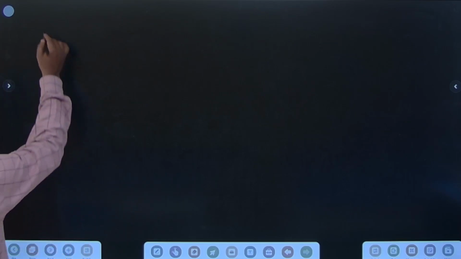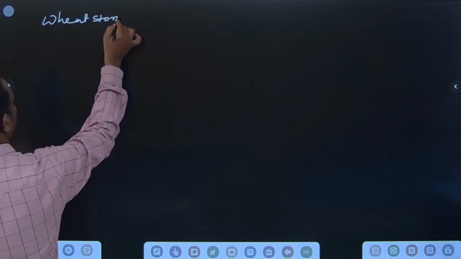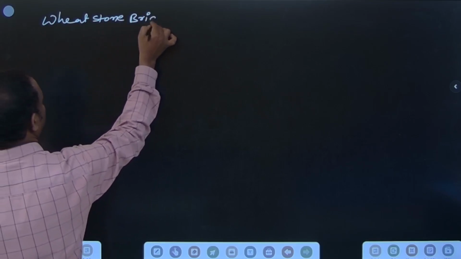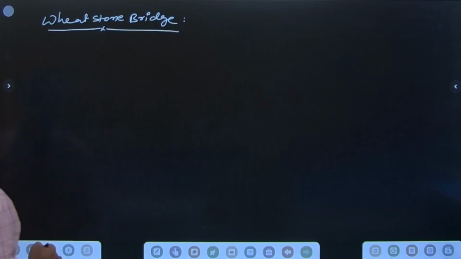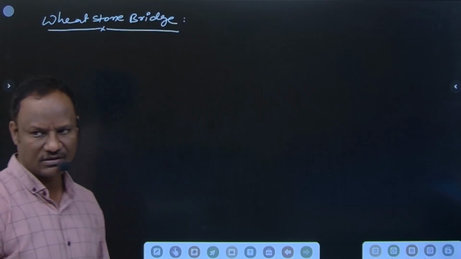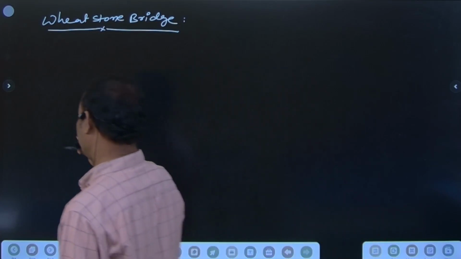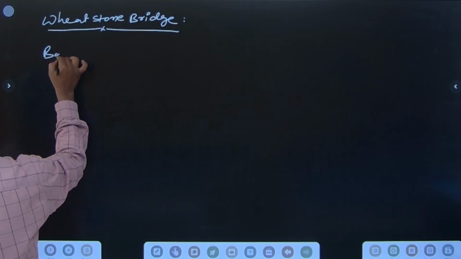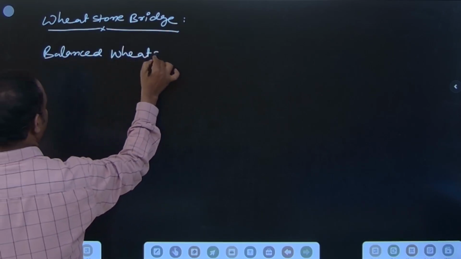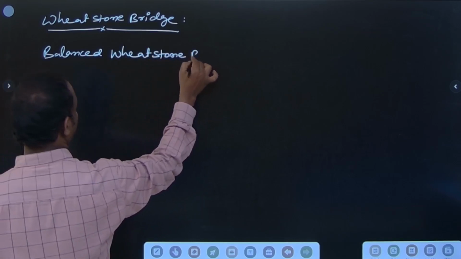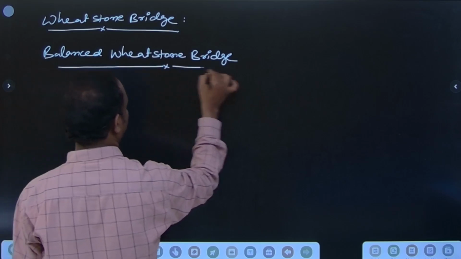In the same continuation, Wheatstone bridge. For the Wheatstone bridge, there is the balanced condition and the unbalanced Wheatstone bridge. First I'm talking about the balanced Wheatstone bridge.